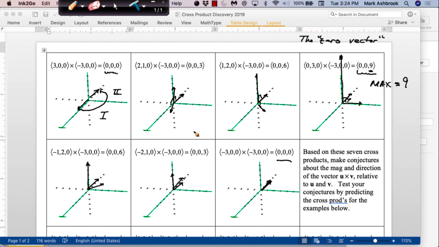If you use your index finger to point in the direction of the first vector, and your third finger to point in the direction of the second vector, and get that lined up like that, then your thumb will tell you the direction of the cross product.